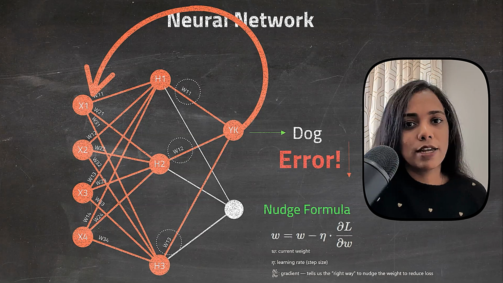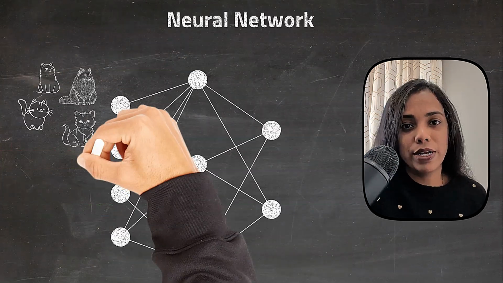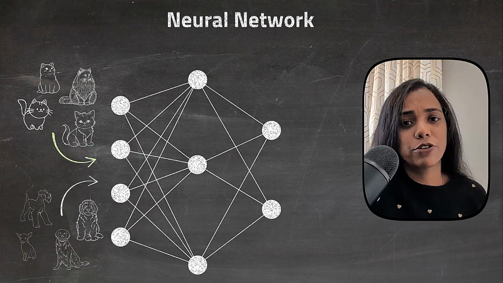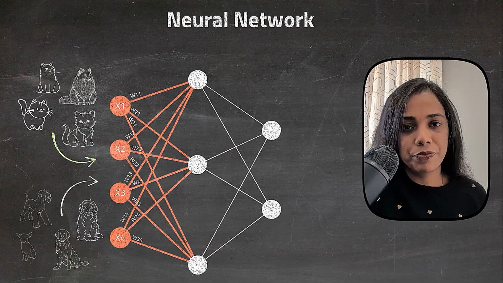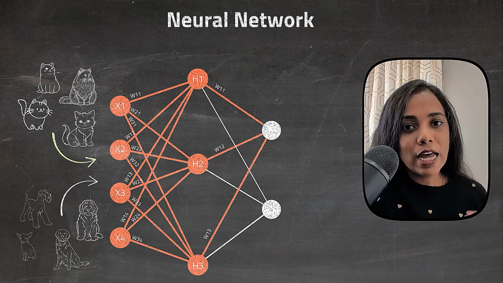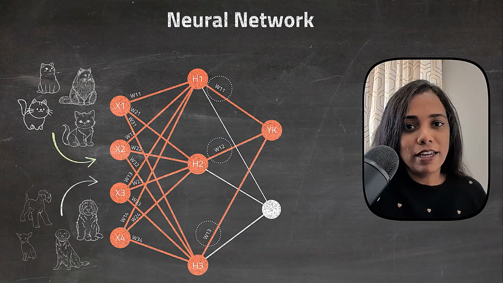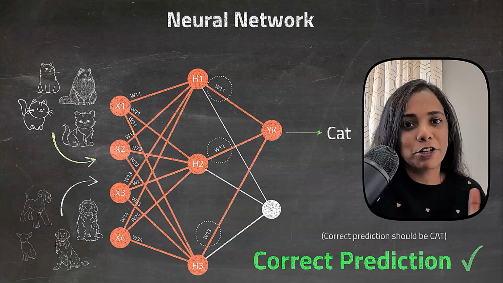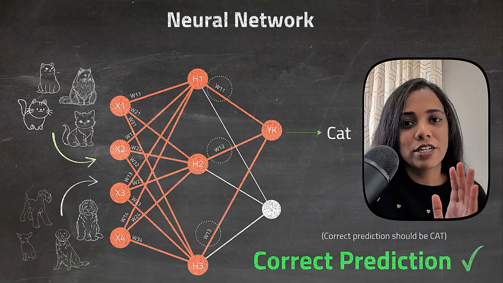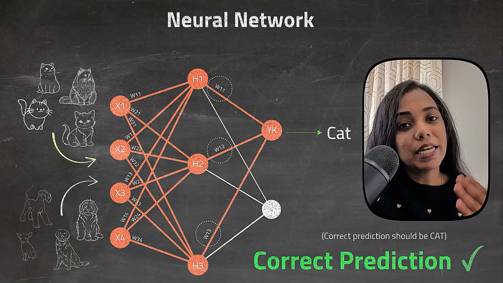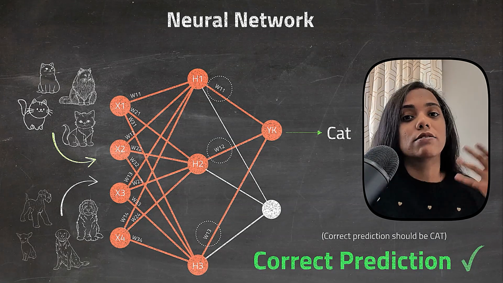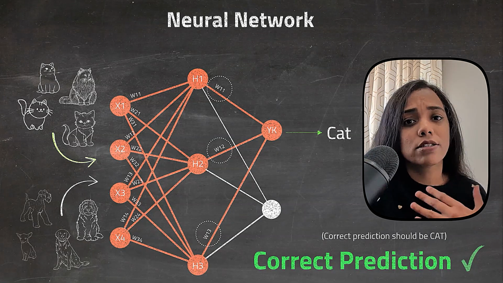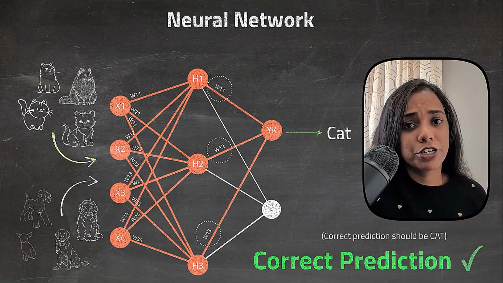Let's just assume that there is a mathematical way of figuring out how to nudge these model weights such that the performance of the model improves. So this process of nudging the model weights in some direction, either a positive direction or a negative direction, happens over many iterations.